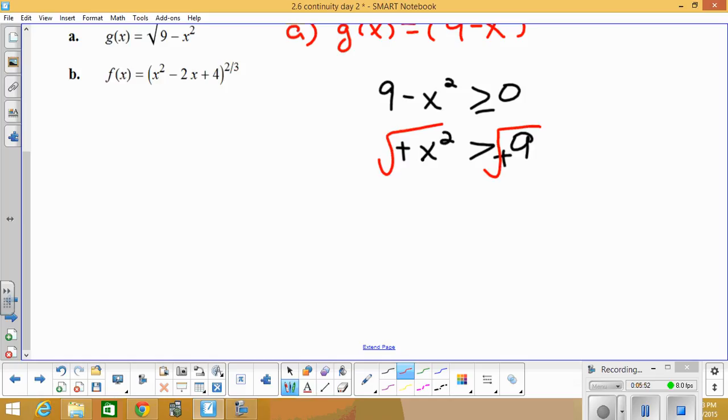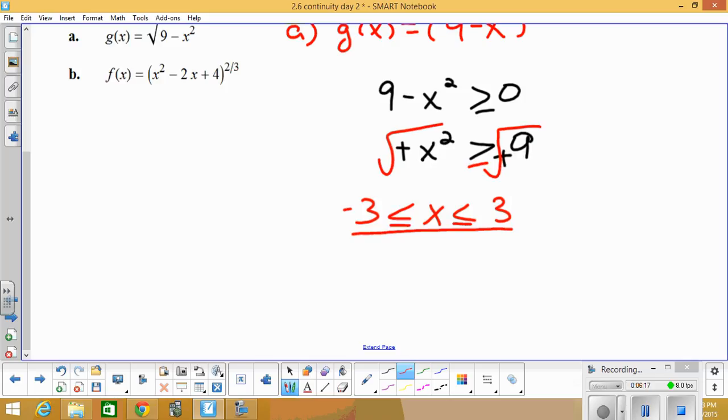Because at this point, I've got an x where I'm going to have values greater than or less than 3 and negative 3. So this is what I'm talking about: taking the square root of an inequality becomes a compound inequality. It does, in a sense, keep that inequality where it can be less than or equal to or greater than or equal to.